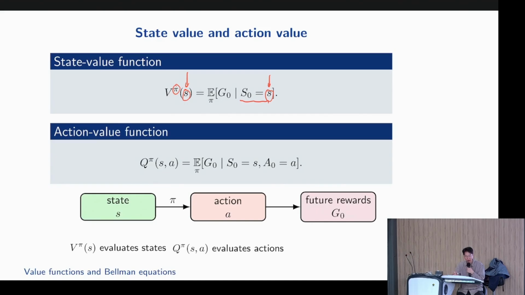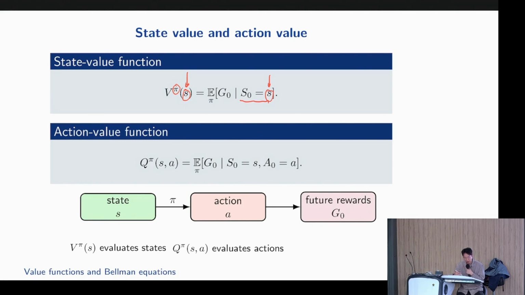That's the definition of state value function. Okay? You start from state S, that's given, that's conditioned, so it's not random anymore. That's fixed. You play your agent, interact with the environment, what is the expected return? That's definition of value function.